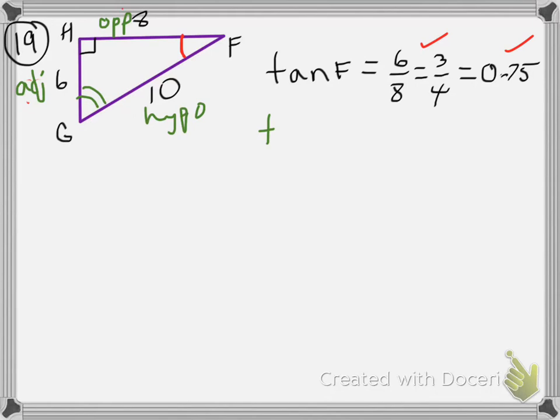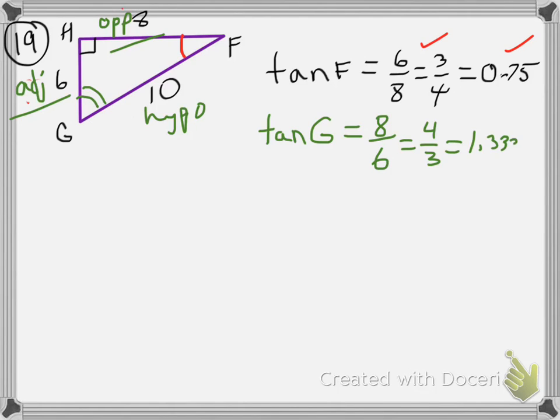And they're asking for the tangent of G. So the tangent is opposite over adjacent. That's 8 over 6, which is 4/3, which as a decimal is 1.3333, and it goes on forever. Okay? So you get, again, a point for one of those two fractions. And that's all you had to do for 19.